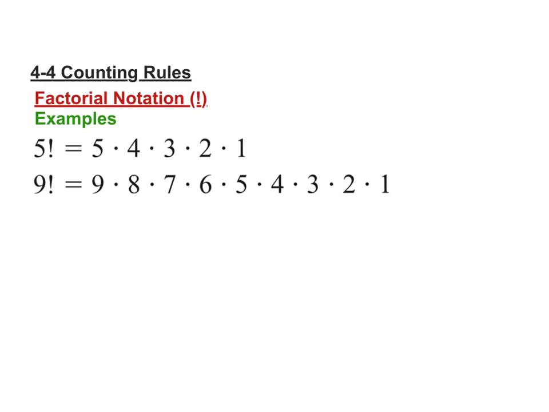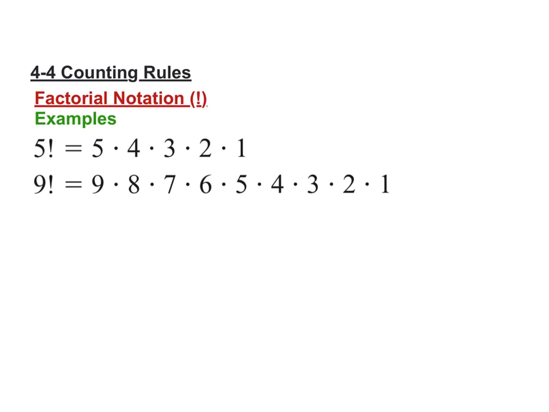So on your calculator, here's where it is, okay? On the TIs anyway. What's the point of factoring? I'm going to show you here in a minute. Okay, if you hit the math button, which is under the green button, and you scroll to the right to where it says probability, PRB, then it's number 4.